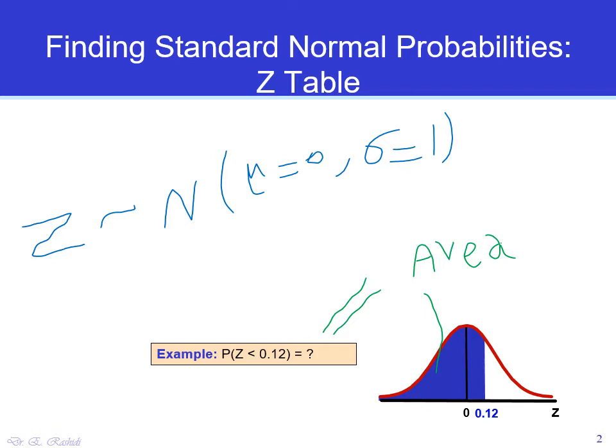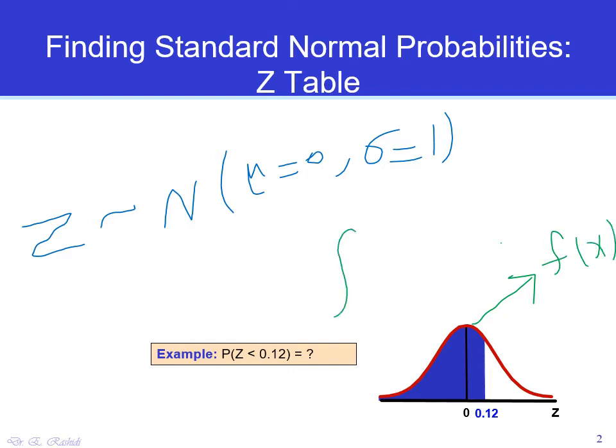Again, from calculus, you need to have the function of this red curve, which is the z distribution, f of x, and then find the integral of f of x from negative infinity to this value, 0.12. And that's going to be the blue shaded area.